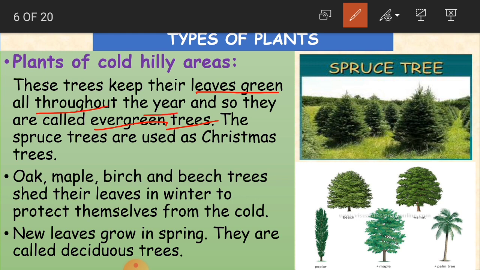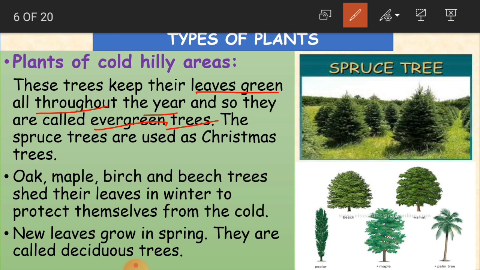If you observe our trees in our state right now, sometimes the leaves turn yellow and shed off, and again when spring comes, they start growing.